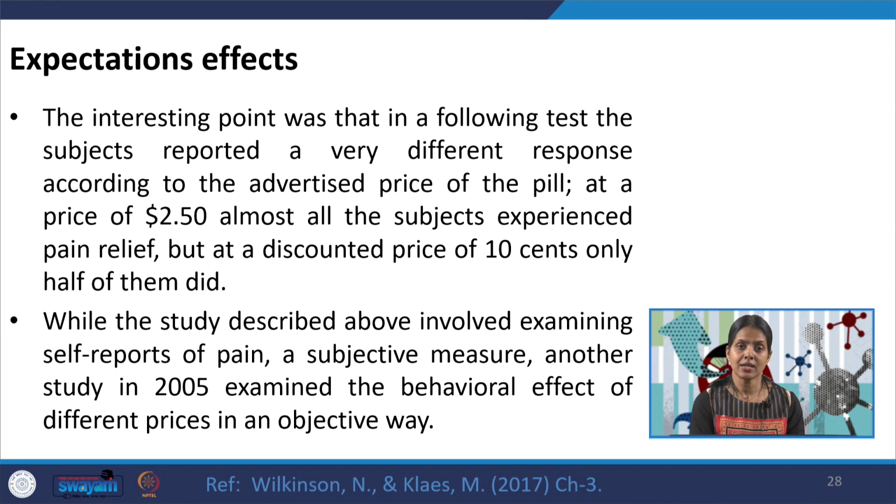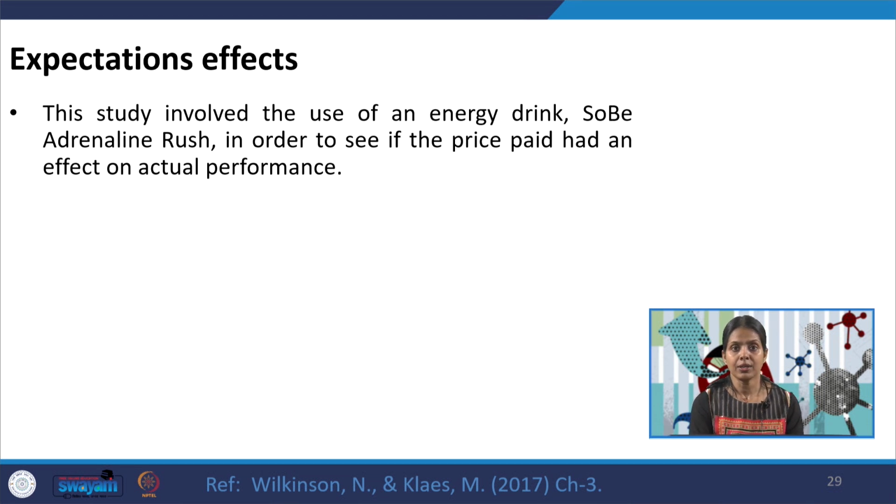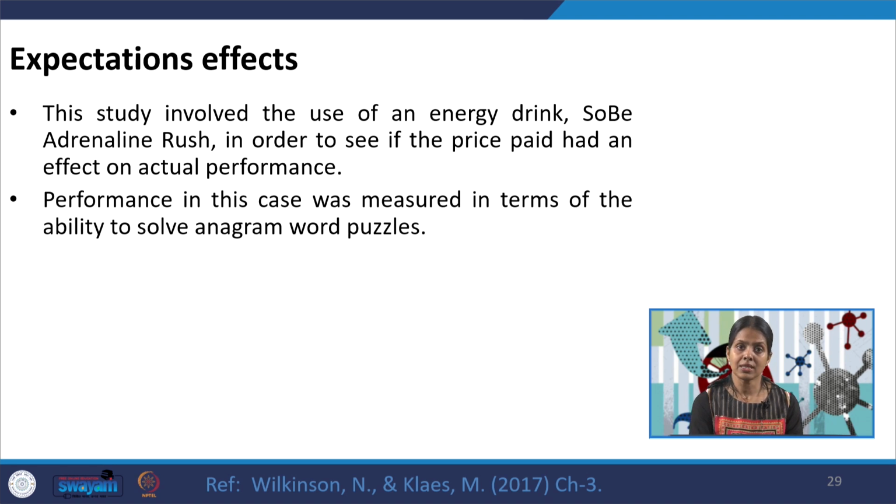While the study described above involved examining self-reports of pain, a subjective measure, another study in 2005 examined the behavioral effect of different prices in an objective way. This study involved the use of an energy drink, Sobe Adrenaline Rush, in order to see if the price paid had an effect on actual performance. Performance in this case was measured in terms of the ability to solve anagram word puzzles.